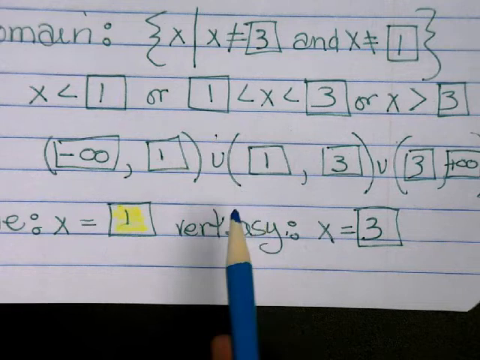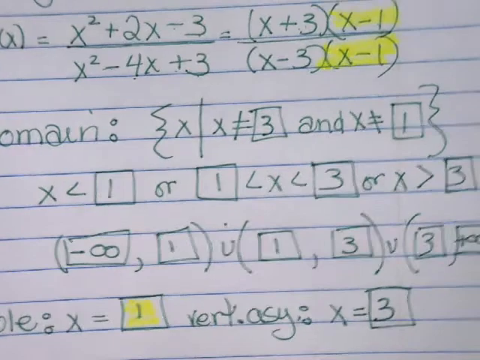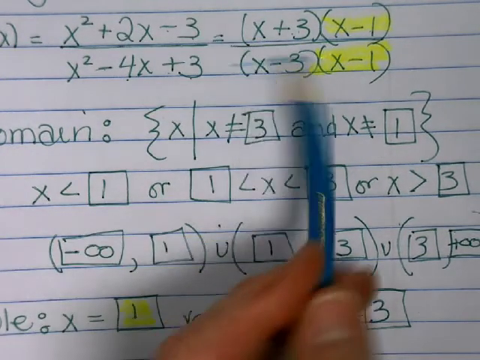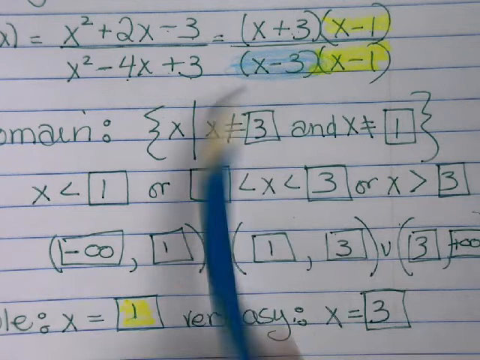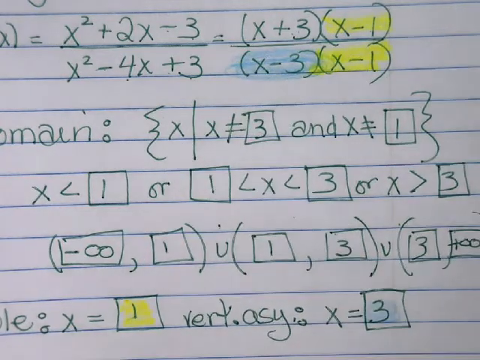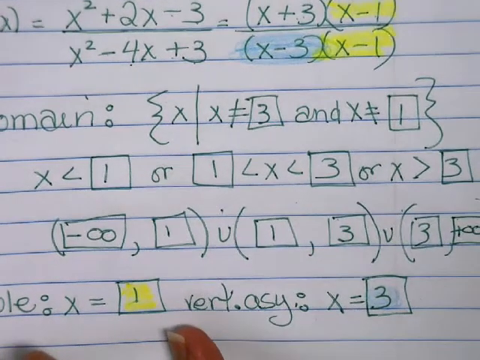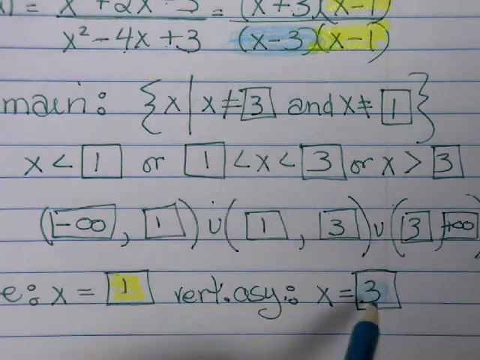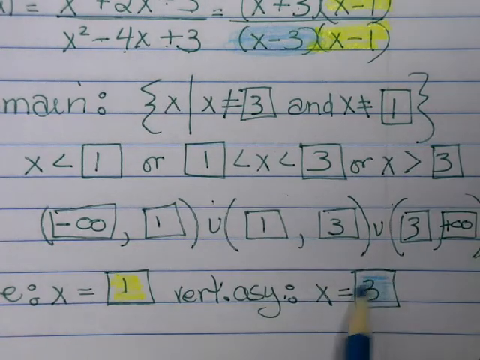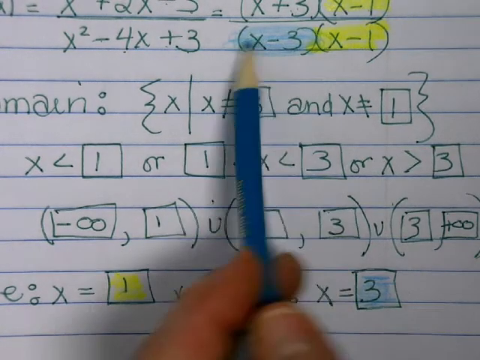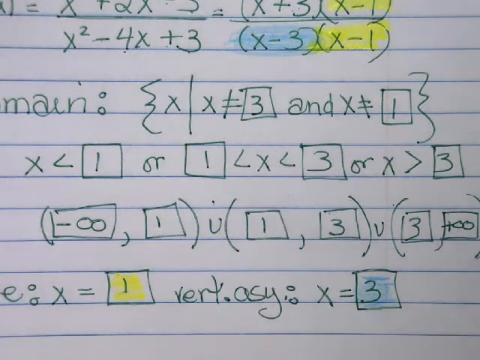Vertical asymptotes are blue. Up here to down here. Still in the screen there? Yeah. So that's where I got my 3 from. Okay, friends? Vertical asymptotes.